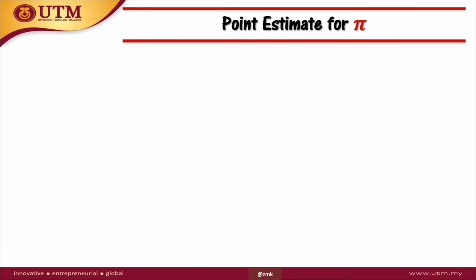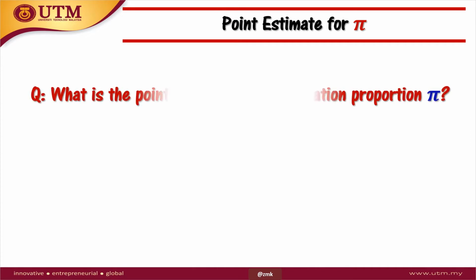Let us now learn on the point estimate for an unknown population proportion denoted by pi. The question is, what is the point estimate for the unknown parameter denoted by pi, which represents the proportion of success from a single population?